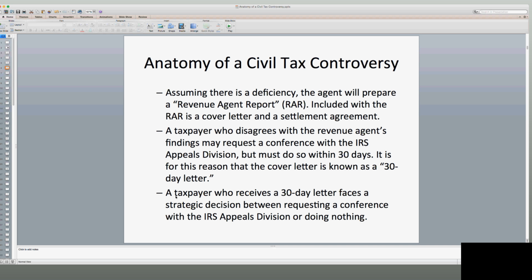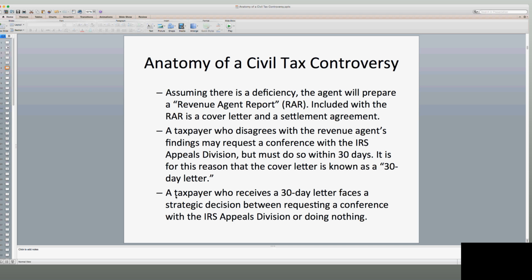The taxpayer who disagrees with the revenue agent's findings may request a conference with the IRS Appeals Division, but there is a time limit. He or she must do so within 30 days. This is what we call a protest to appeals. If the taxpayer disagrees with the agent's findings, then they have to file a protest within 30 days of receipt of the RAR.